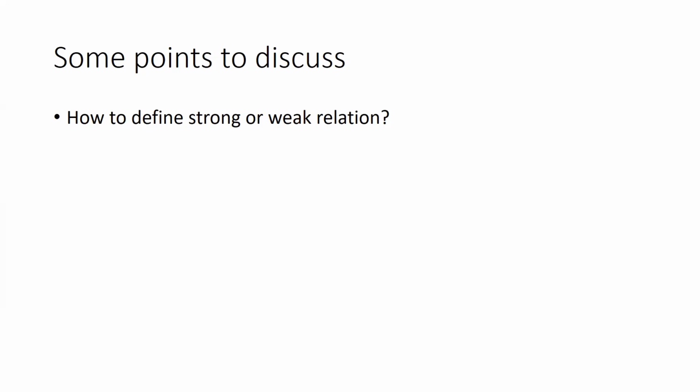One may say that 0.7 is a very strong correlation coefficient. Some other may say that 0.8 is also not so strong. It depends on how we define the intervals of strong, weak, very strong, not so strong, and so on. It varies from person to person and the area they are working in. So that's not a point of discussion.